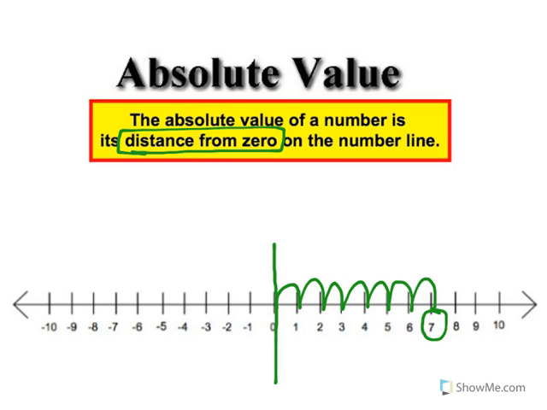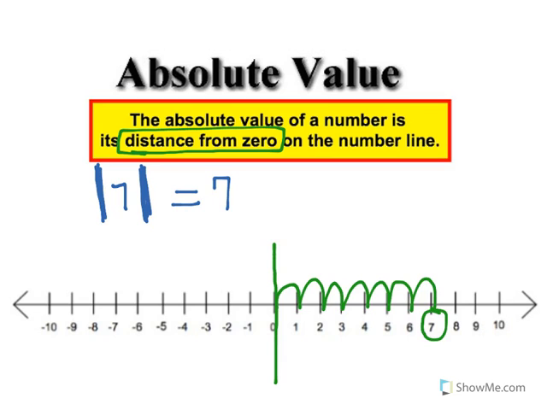And to write absolute value, you just put 2 marks like that, and you put the number inside of it. These marks here represent absolute value. So what this says is, what is the absolute value of 7? How far is the number 7 from 0? It is 7 units. Some of you are like, what? It's that easy? Yes, it's that easy.